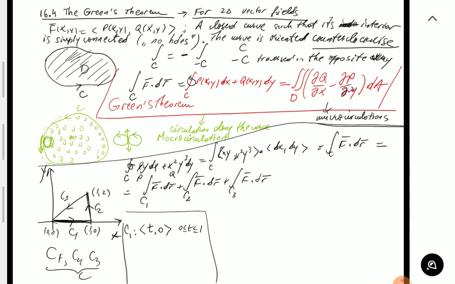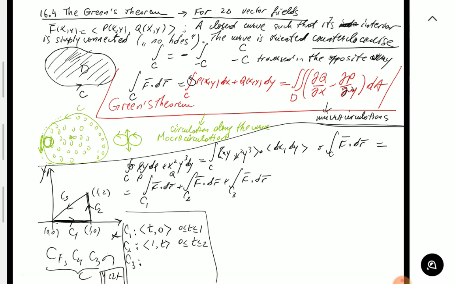And the second curve, its equation is a vertical line, so that's going to be x equals 1. So you could choose y to be the parameter t. And obviously, if you look at the range for y, then t in this case is from 0 to 2, because it goes from (1, 0) to the point (1, 2). And finally, the curve C3, its Cartesian equation is y equals 2x.